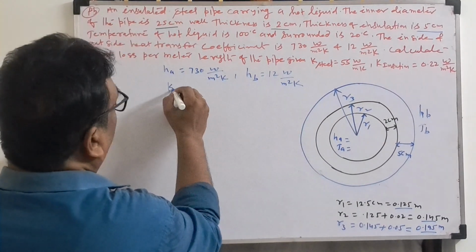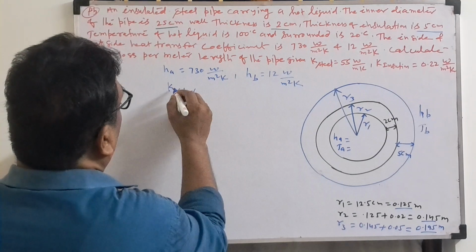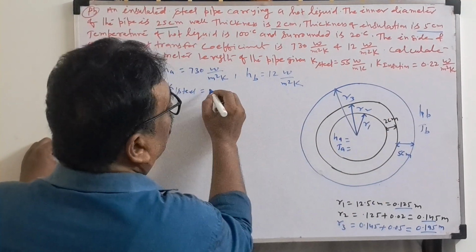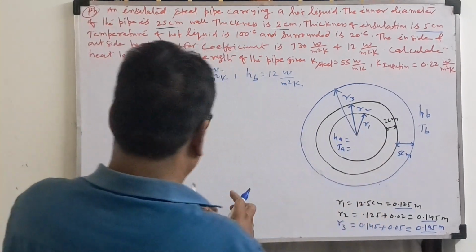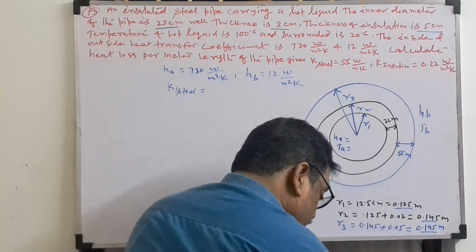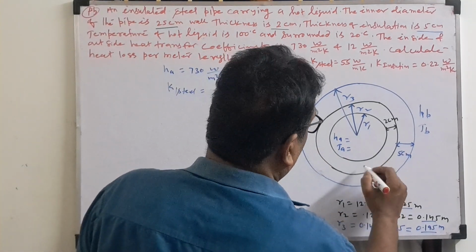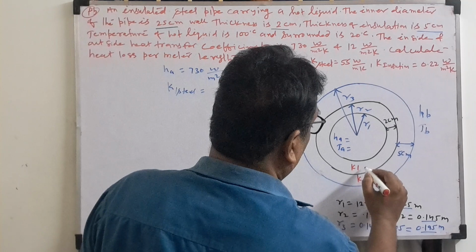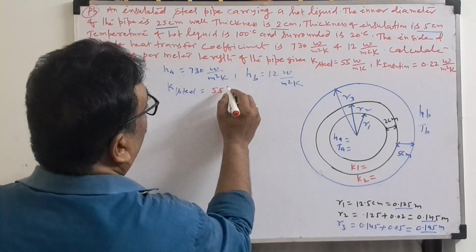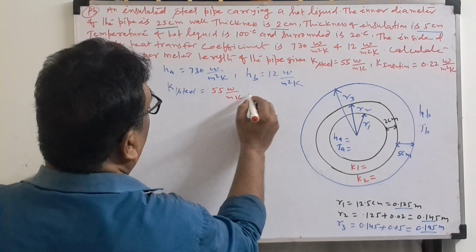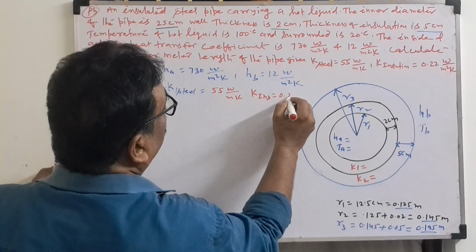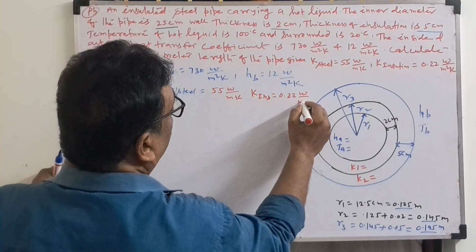Then they have given K, K for steel and K for insulation: this is K1 and this is K2. K1 is 55 watt per meter Kelvin for steel, and K of insulation is 0.022 watt per meter Kelvin.